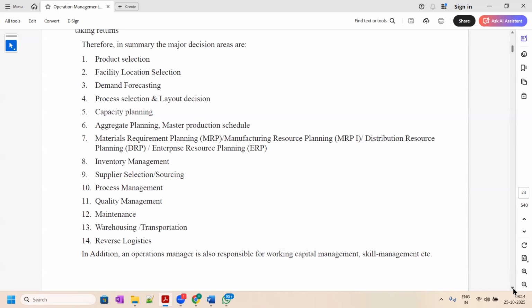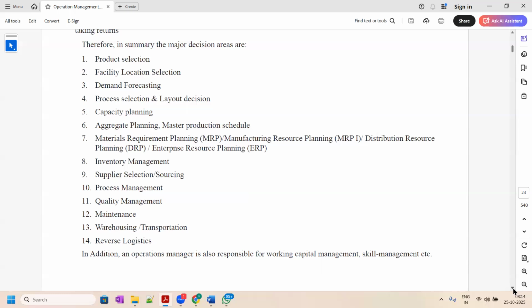Next is process selection and layout design, which is about choosing the production methods and arranging machines. Next is capacity planning, which ensures the company can produce enough to meet demand. Next is aggregate planning and master production schedule, which talks about planning the overall production level for a given time period. So basically here we have spoken about basic parameters, guys.